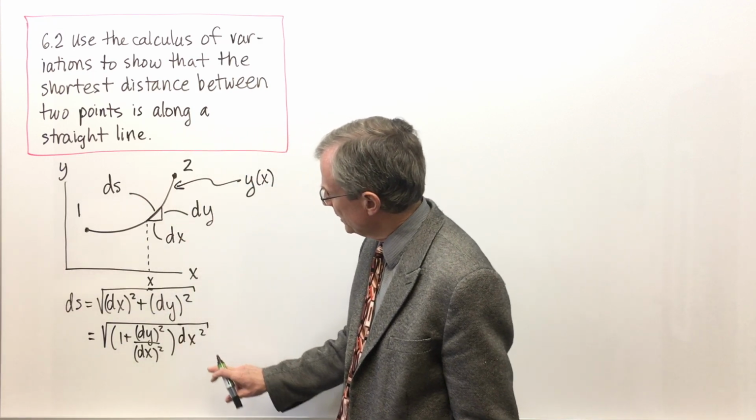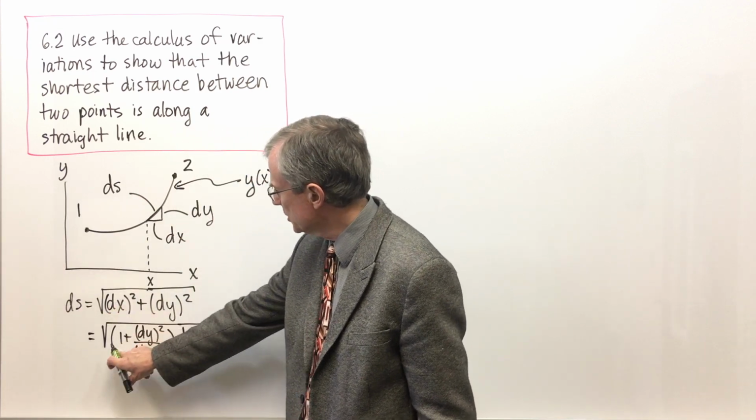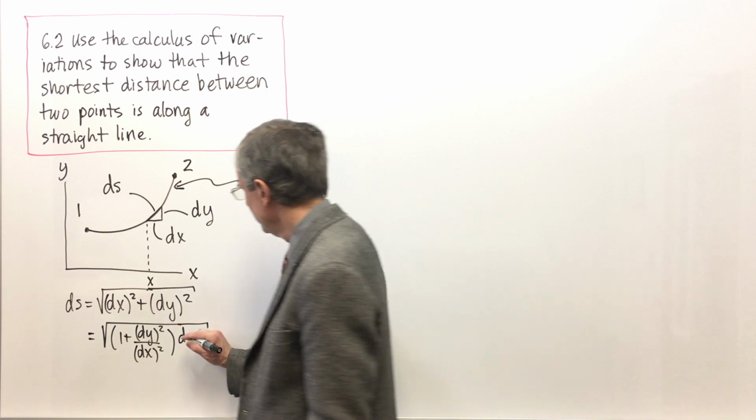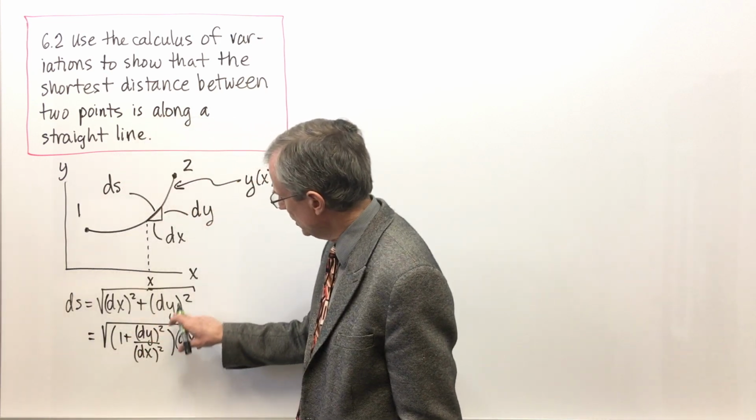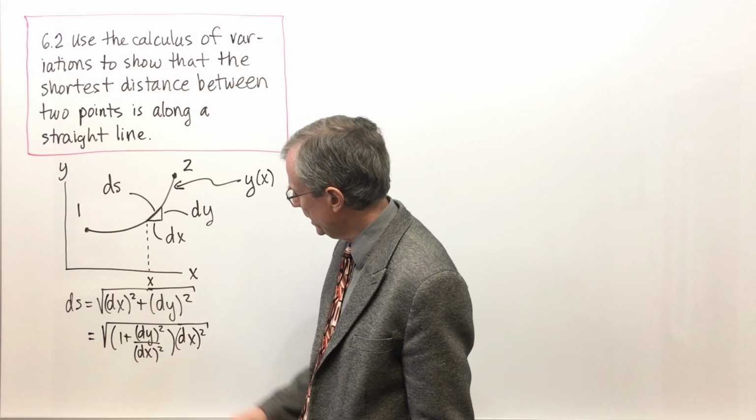Okay, I've just factored out the dx squared. From this term, I just get 1. And from this term, I get a dy squared over dx squared.